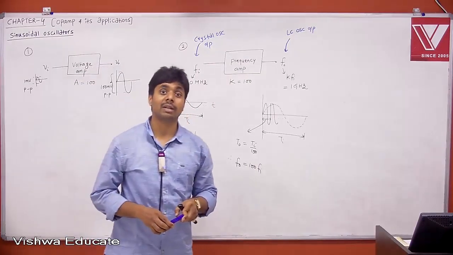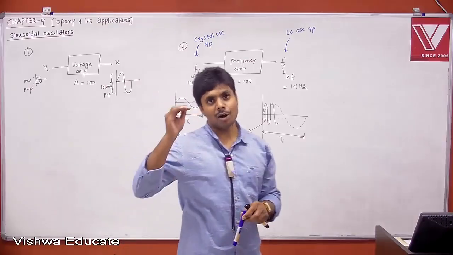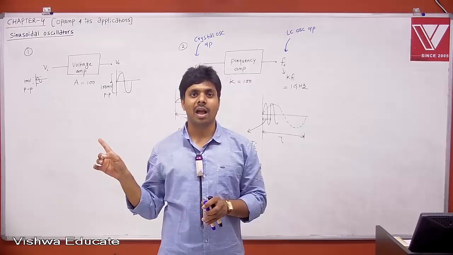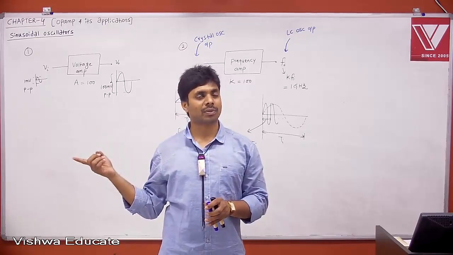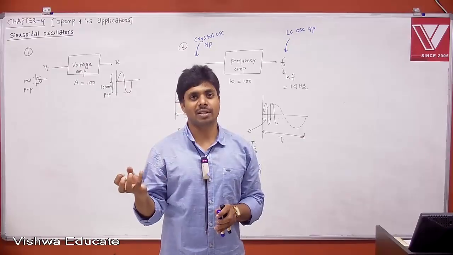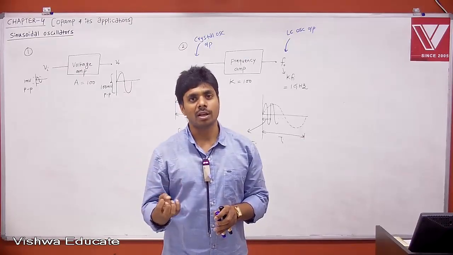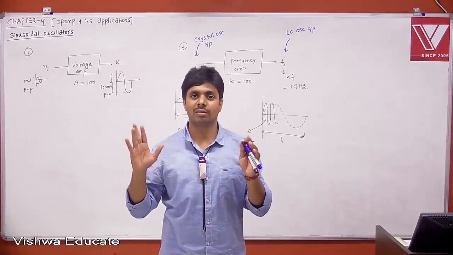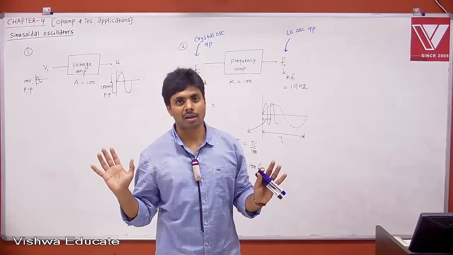This is what is called feedback. Remember, if you want to control anything, not only voltage, as we are going to see in the regulator and power supply. Anywhere you want to stabilize your voltage gain, your operating point, or your op amp, there is always negative feedback.